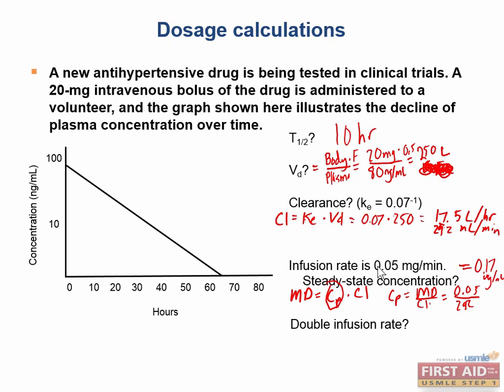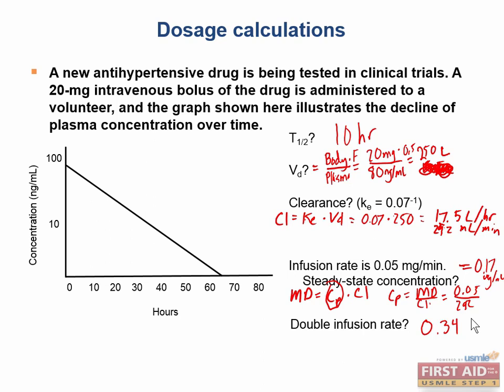What if I now told you it was 0.1 milligrams per minute? Well, simply, our steady state concentration would double as well. So 0.17 micrograms per milliliter would now be 0.34 micrograms per milliliter. Our target plasma concentration would also double.